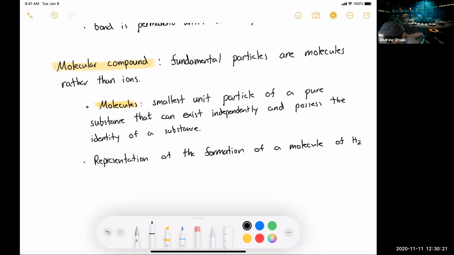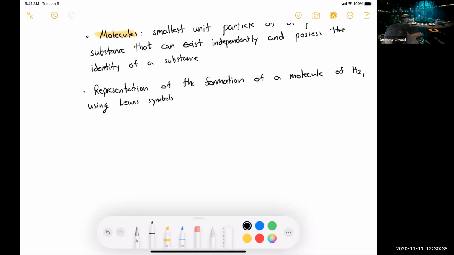So we're using Lewis symbols. For example, we have two hydrogen atoms combining like so. There are the symbols. When we write a chemical bond, we can say the two electrons come together and pair, because a bond is a pair of electrons.